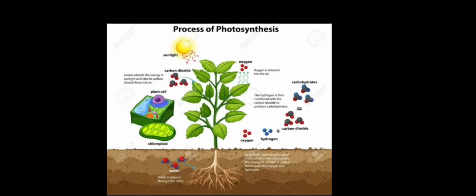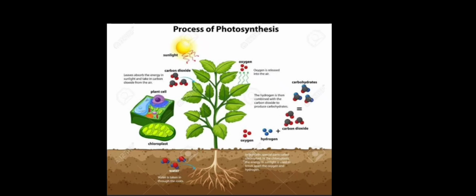After that, the second step is the splitting of water. That is, whatever water is absorbed, that water molecule will be broken down and that breaking gives us oxygen and hydrogen. So, oxygen is released as a byproduct by the second step, which is splitting of water.